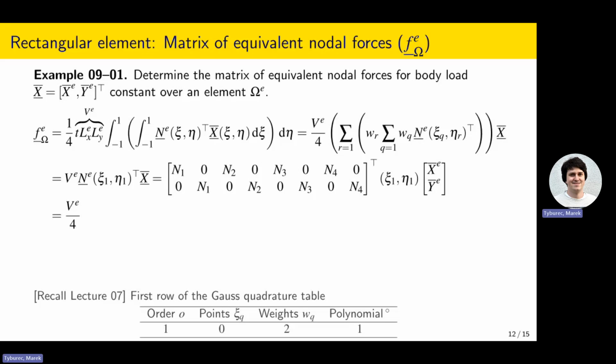So that's why we get this outer summation over r equals 1 to 1. Let's do it this way, because we are now doing an example. So it's integration for Gaussian points 1 to 1, because 1 is sufficient in our case. And then there is this weight w_r. And then we have the inner integration, q equals 1 to 1. We have the other weight w_q.